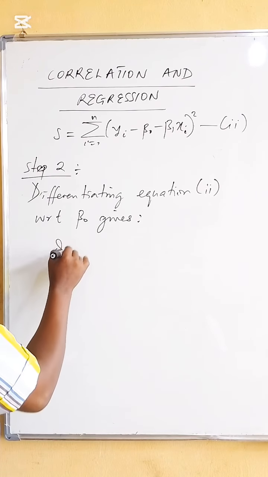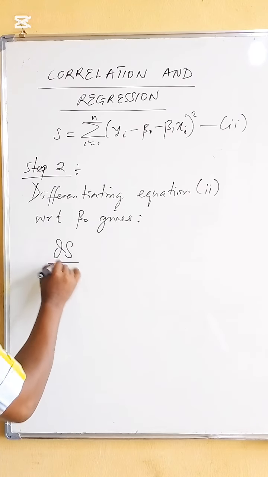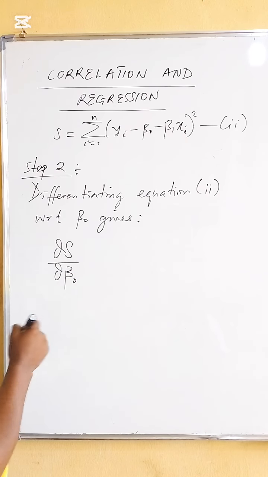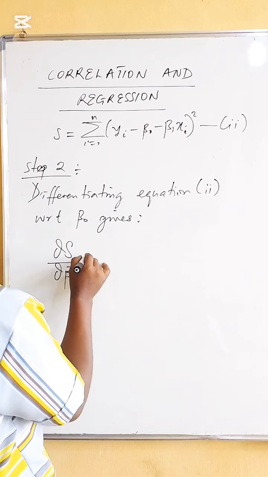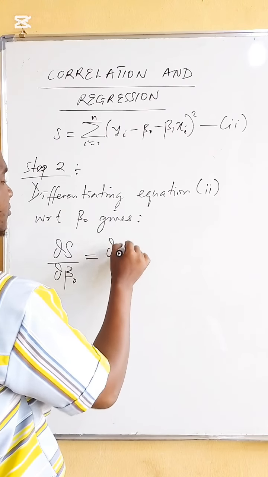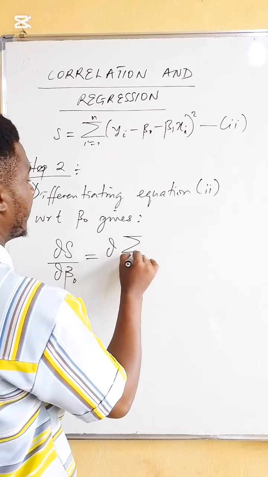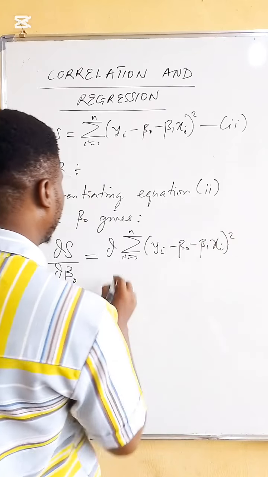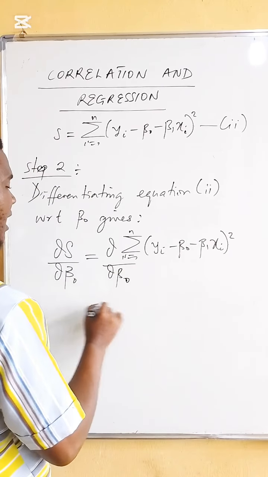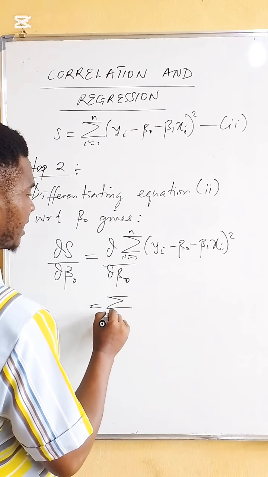So I'm going to use my partial derivative to differentiate S, the sum of squares of errors, with respect to beta naught. And that means differentiating this sum from i equals 1 to n of (yi minus beta naught minus beta 1 xi) all squared with respect to beta naught is the same thing as taking the sum of their derivatives.